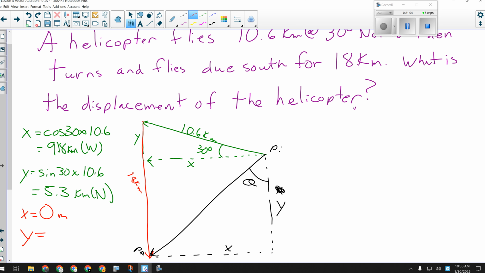The y component's the vertical component. It's north or south. I went 18 kilometers south. What's y? Like, we understand that that's 18? You can nod. I have to know one way or the other, guys. Otherwise, I got to teach it differently. Okay.